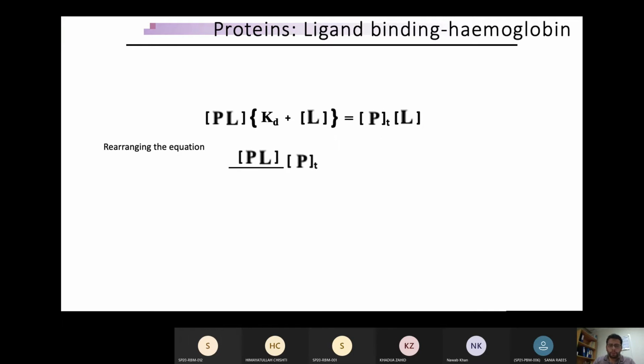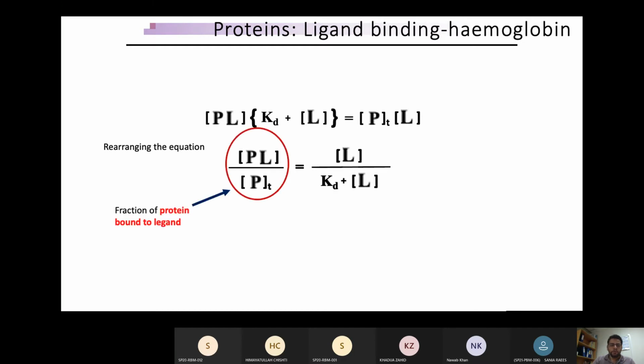So when you rearrange this equation, तो आपके पास ये चीज आएगी जिसके अंदर this particular fraction जो इस वक्त आपको नजर आ रहा है, ये आपको बता क्या रहा है, this particular section of the equation tells that this is the fraction of the protein which is bound with the ligand divided by total.